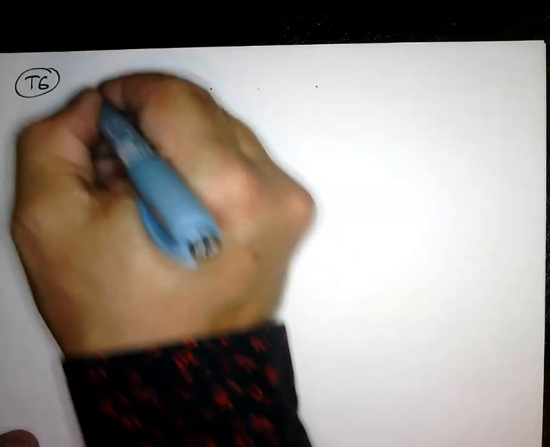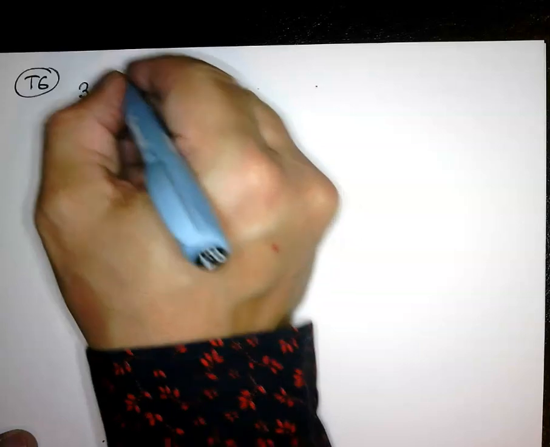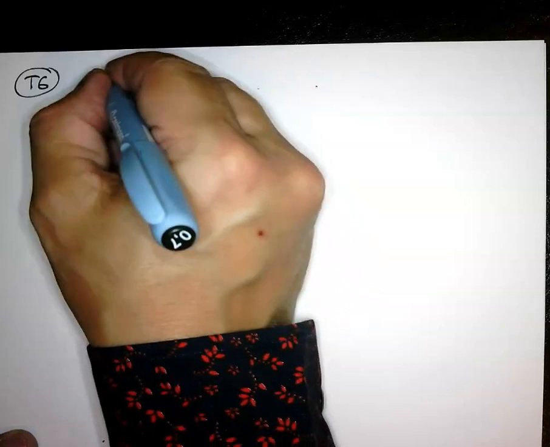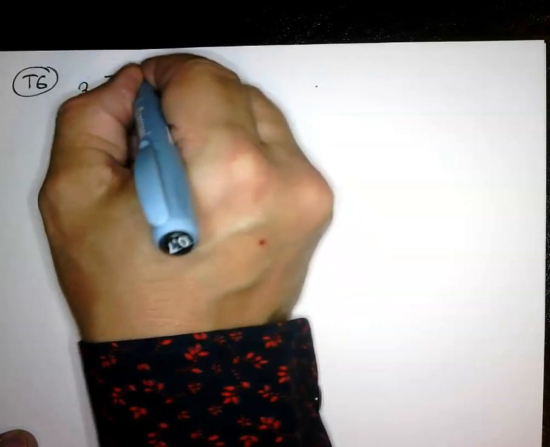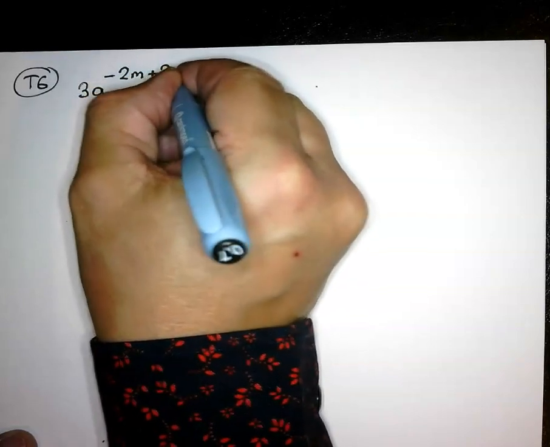It is quite usual. So let's take this 3a, and then we have exponent minus 2m plus 3n.